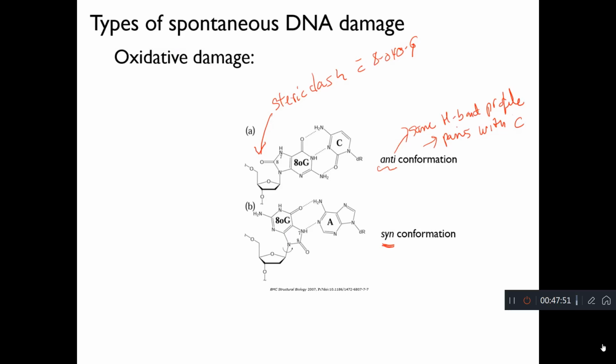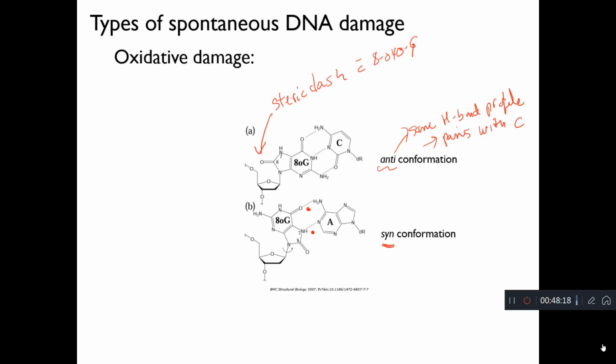So this actually then becomes a Hoogsteen base pairing situation. And in this instance, the hydrogen bond donor and acceptor profile of the 8-oxo-G is quite different, and now it can base pair very readily with A. So we see the base pairing occurring here and here.